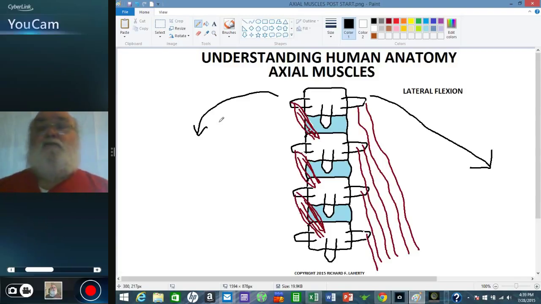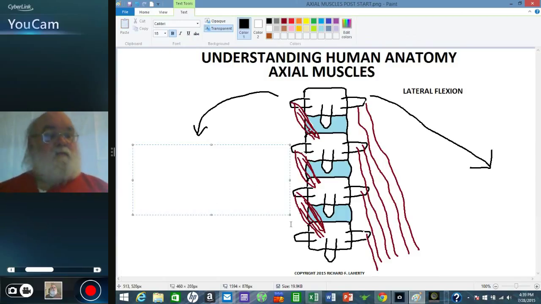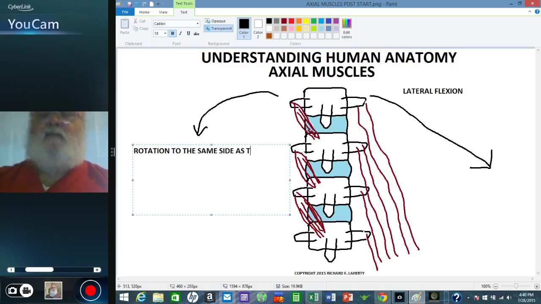So it causes rotation to the same side as the muscle, or to the ipsilateral side.